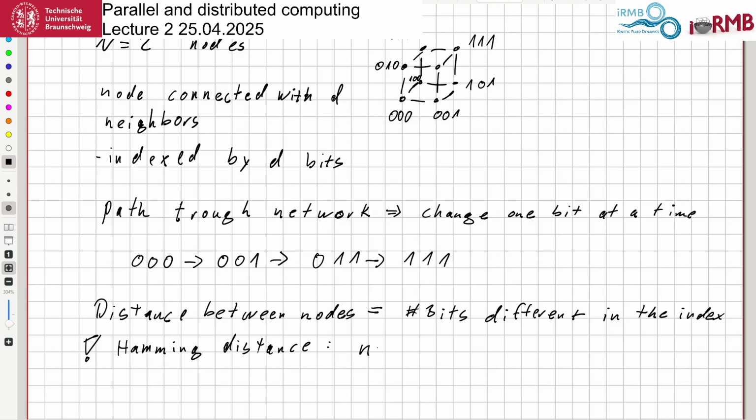This is the number of non-matching bits in two words of the same length.